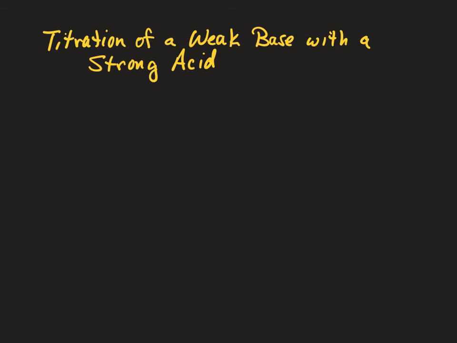So now let's briefly look at the principles behind titration of a weak base with a strong acid. So let's consider the simplest of our weak nitrogen-containing bases, ammonia. Ammonia can react. Let's titrate it again with something simple, hydrochloric acid, if we're in aqueous solution.